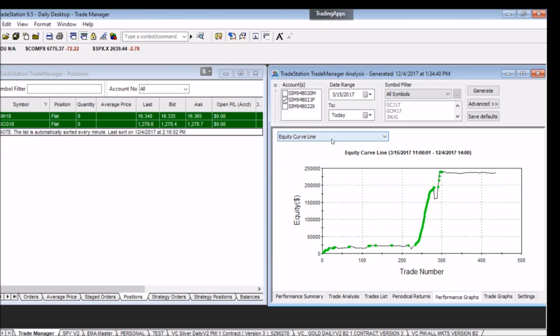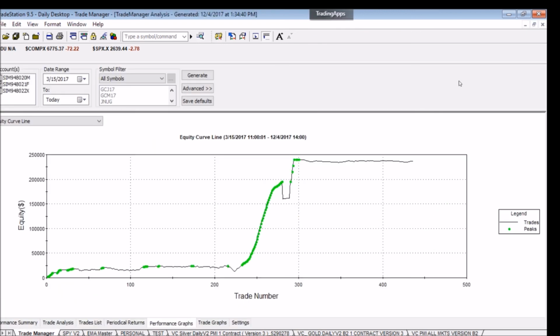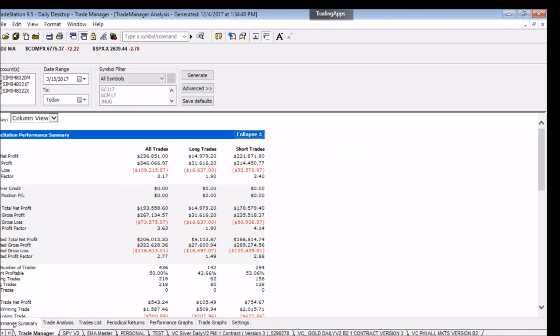Once the signal is executed, then we run it into what we call a performance summary, and you can see here basically the performance since we started trading the automated account, which is in March 15, to today's activity, which is December the 4th. This is basically documented in our TradeStation platform.